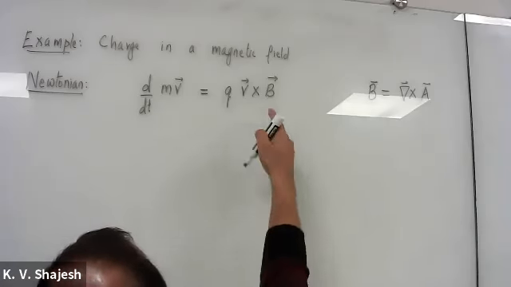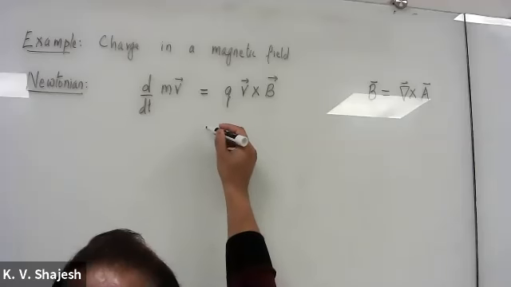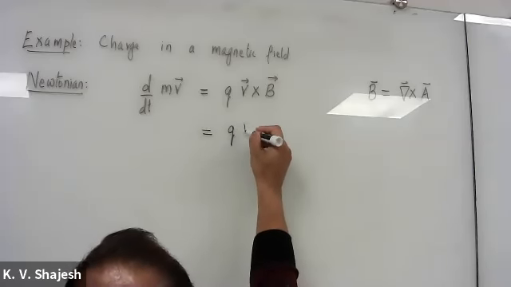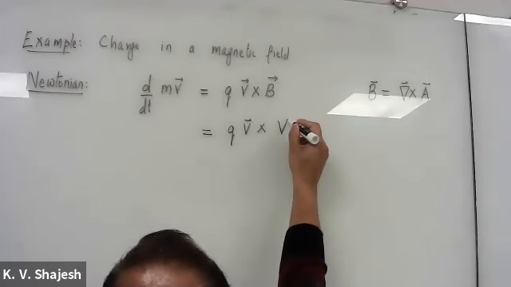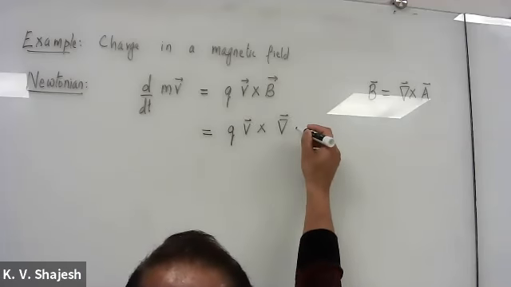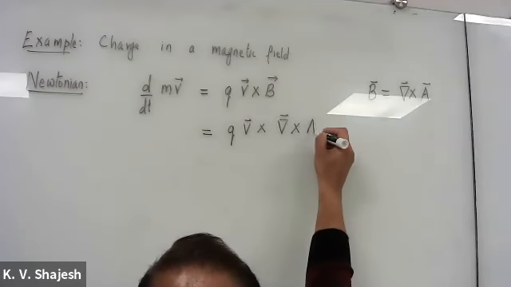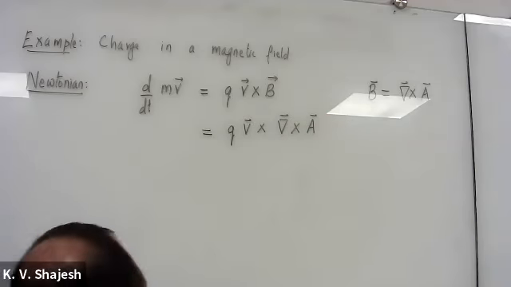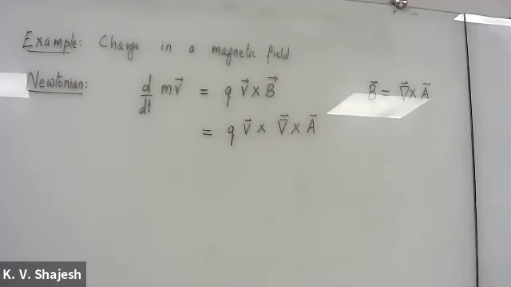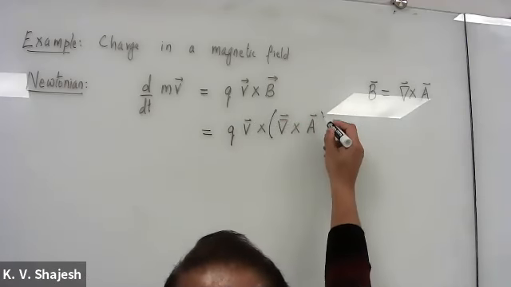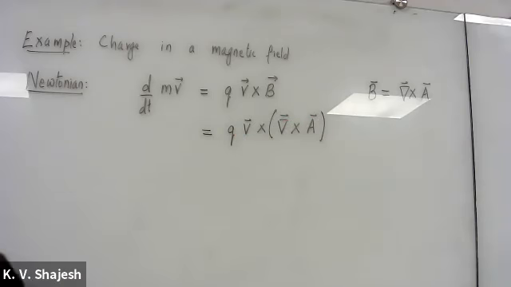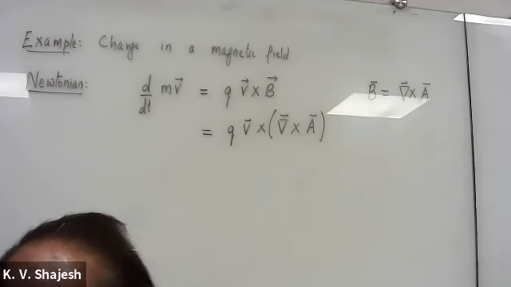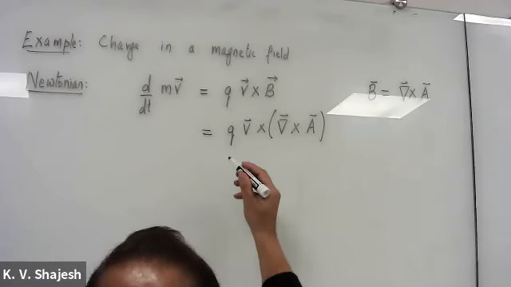So we have del crossed with A, so this is Q times V crossed with the gradient operator acting on A, where A could be a function of x, but not of velocity. The vector potential does not depend on velocity. And V is not a position dependent quantity, it's the velocity of the particle, that in general will not depend on the position.